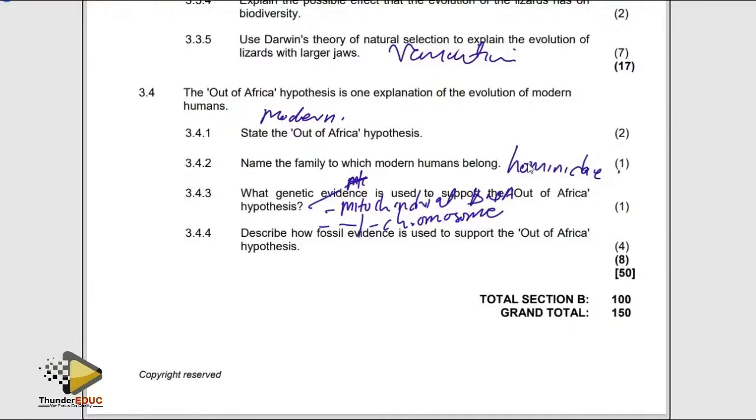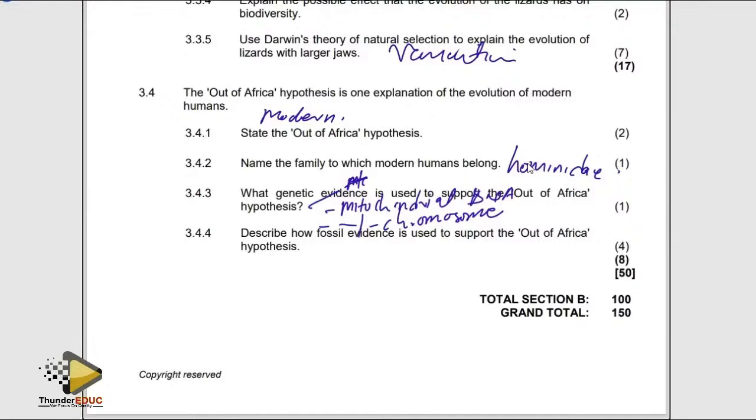You have to talk about the oldest fossils which were discovered in Africa. For example, you have to talk about Ardipithecus ramidus, which was discovered in Africa. You have to talk about Australopithecus. Among Australopithecus species, we have Lucy, that is afarensis. We have Taung child, that's africanus. Mrs. Ples, africanus.